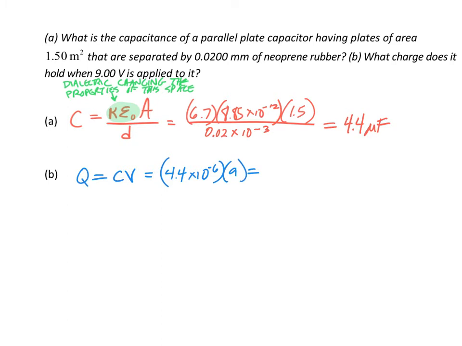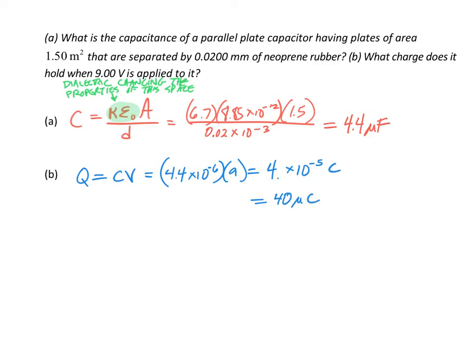And so we'll get 4 times 10 to the minus 5th coulombs, which you could say is 40 microcoulombs.